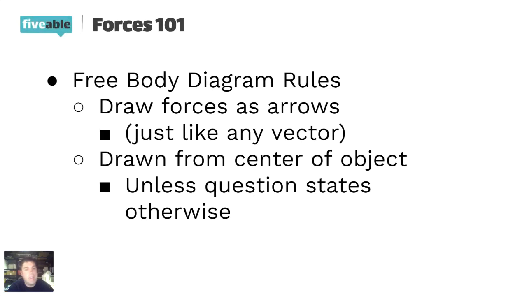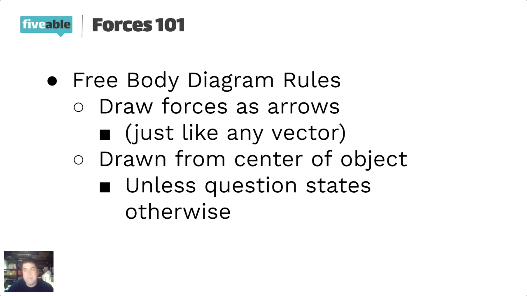Okay. And now, just like any other vector quantity, your arrows point in the direction the force points, and their length determines the size of that force. So if it's a big force, make it a big arrow. If it's a small force, make it a small arrow, and try to get them to look like the right sizes on there.